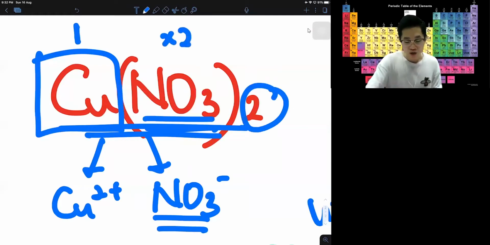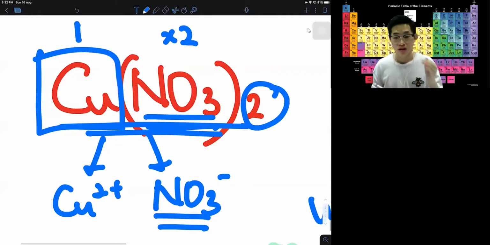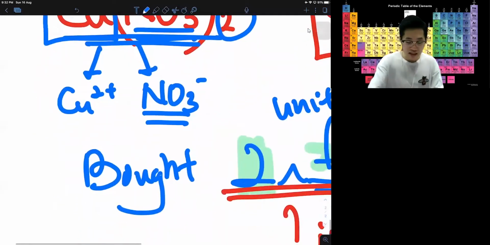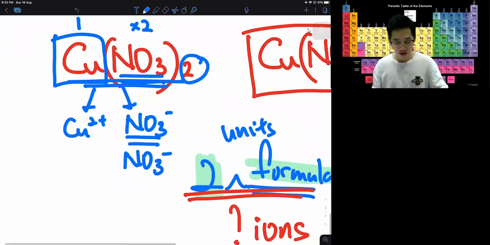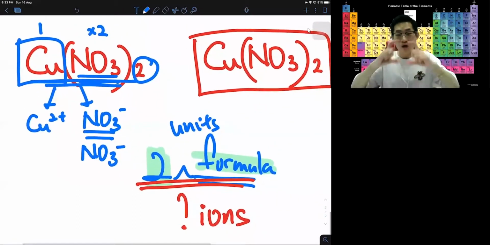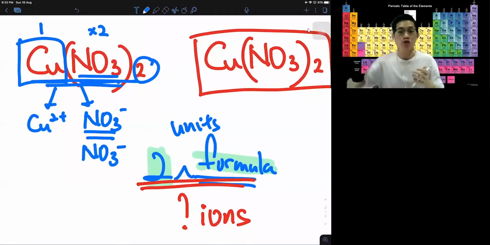So there are 2 nitrate ions. That means Cu(NO3)2 is made of 1 Cu2 plus and 2 NO3 minus. One formula got 3 ions. It can break down into 3 ions.